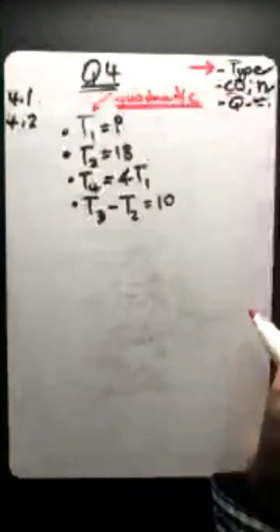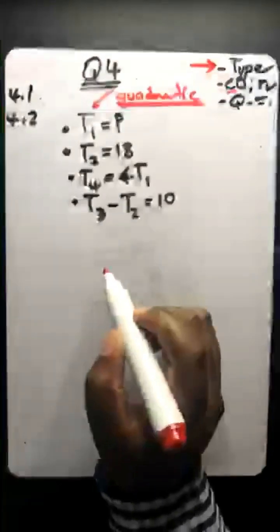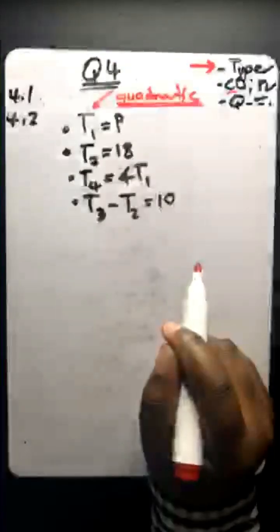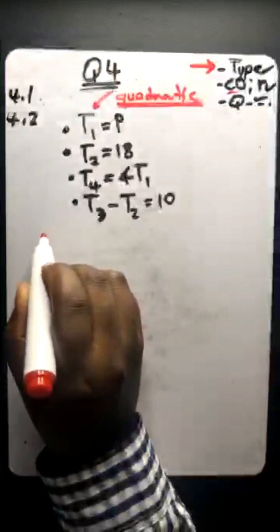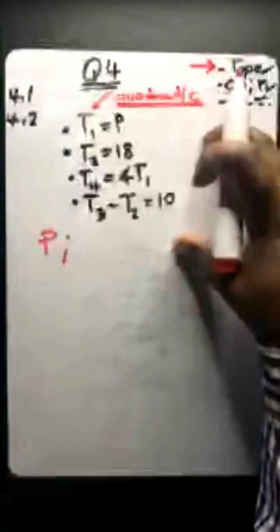What do you understand of T1? Can someone tell? What's your understanding of T1? T1 is the first term. Yes. Maybe let's try to derive either a sequence or what. Do you guys agree that P is actually the first term of that quadratic pattern?